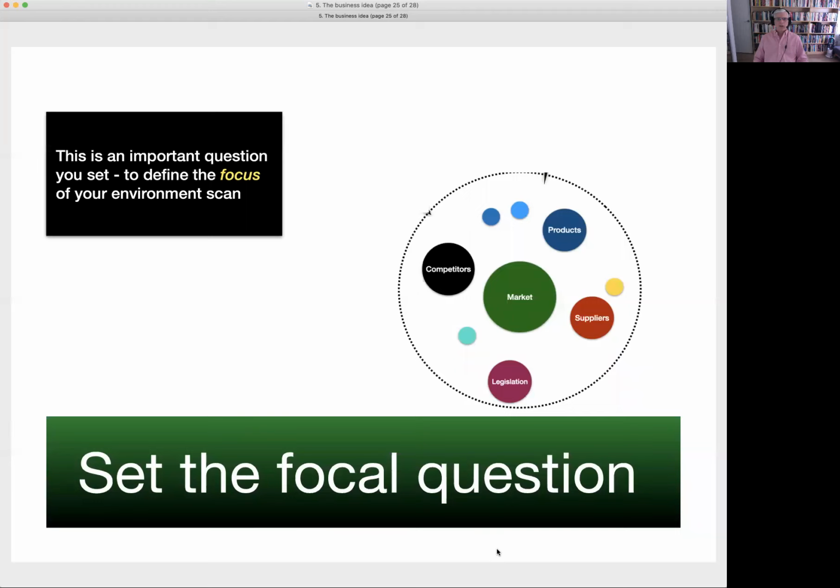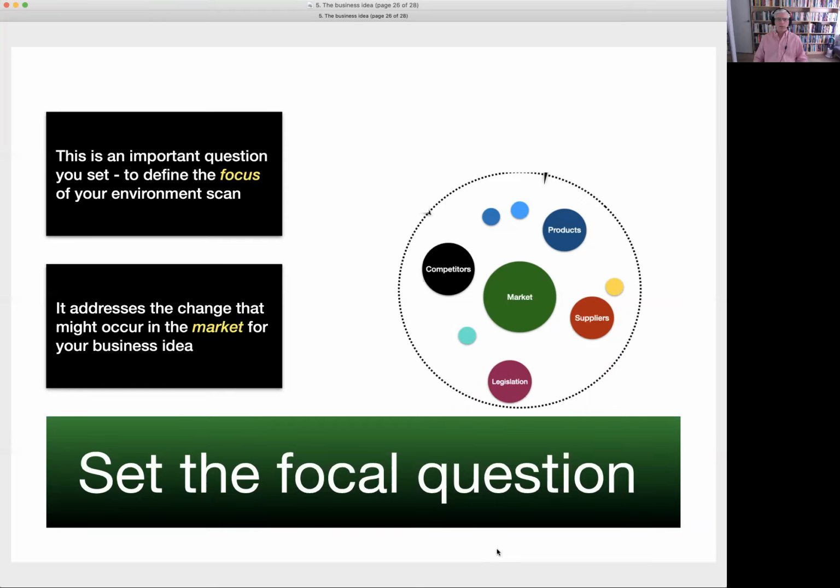So, as I said, this question is important because it defines the focus of any environmental scan that you might do in your next stage. So it allows you to focus and get very sharp in understanding what you're looking for in your environmental scan.